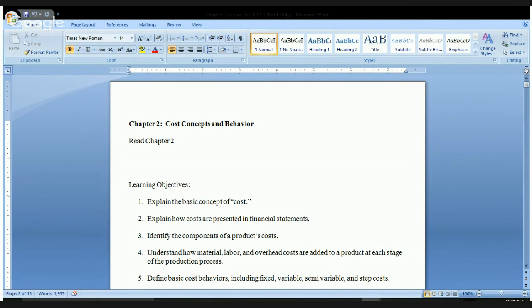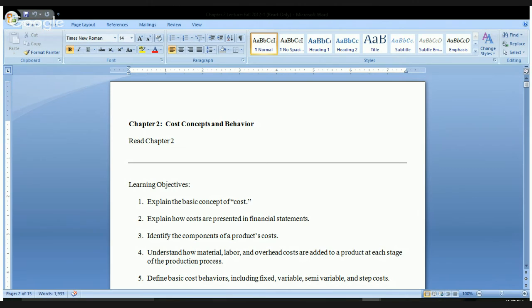Now, if I go over 120,000 miles, that means that I have to get a second truck. And so my cost goes from 40,000 up to 80,000. And so in this case, the relevant range for two trucks is between 120,000 miles and 240,000 because each truck has 120,000 miles that it can use.